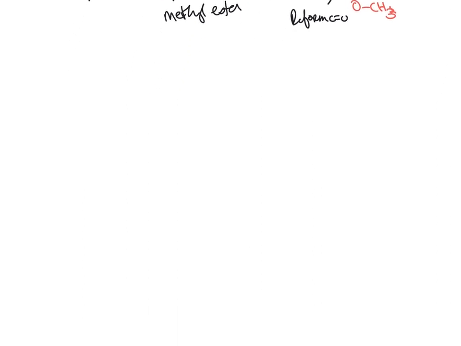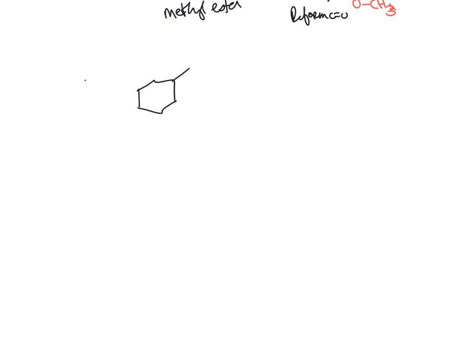I also said we would review the order of reactivity. So I found a little chart that I thought was nice, so we'll just go with this chart here. All right, so we have an acid chloride.